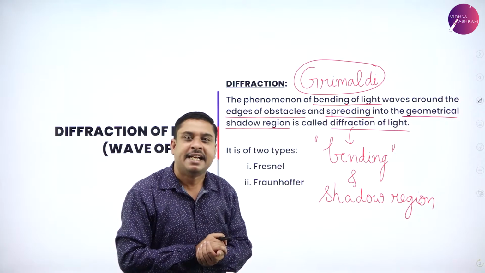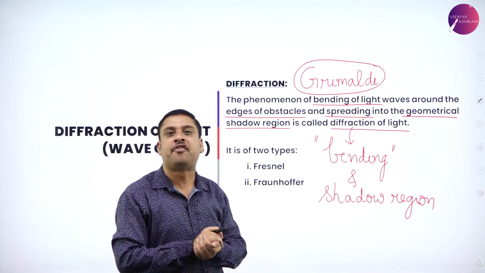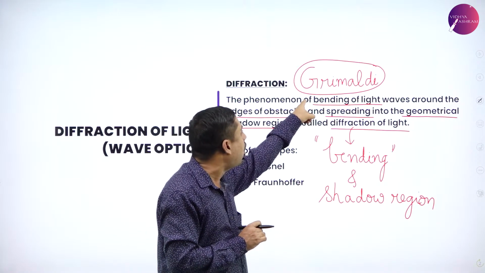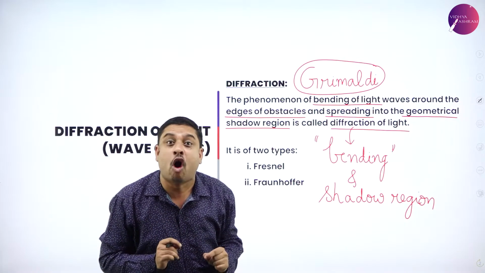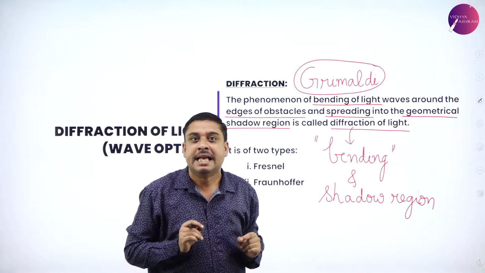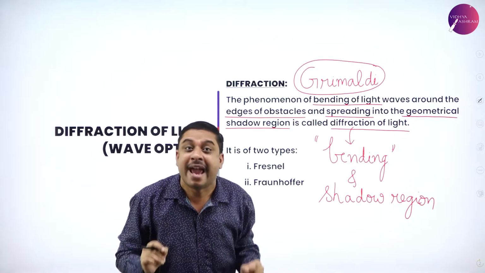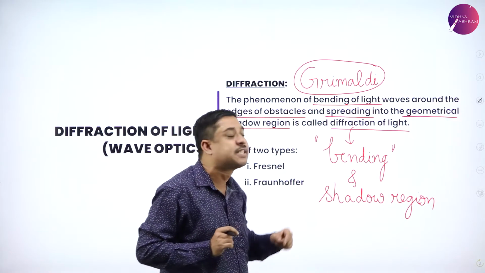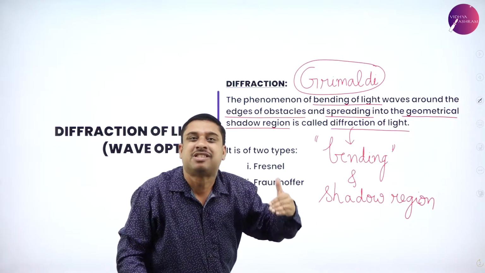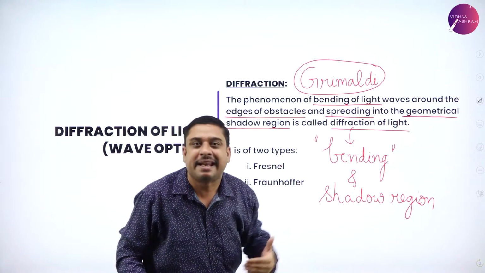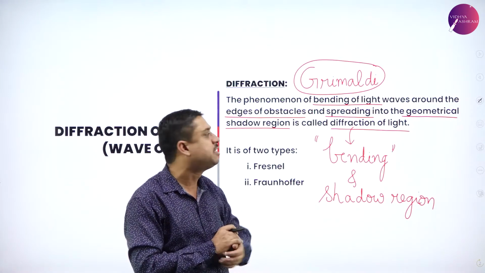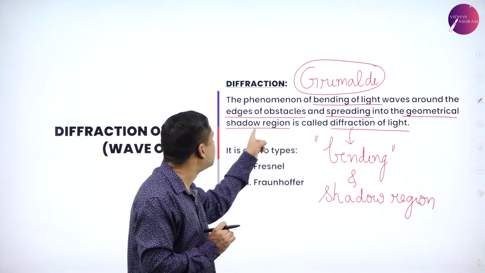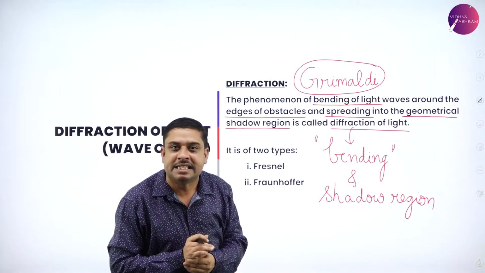So, how do we define diffraction of light? It is the phenomenon of bending of light waves. Light waves bend where? At the edges of the obstacles. Some obstacle or some barrier in the path of light and spreads into the geometrical shadow region.